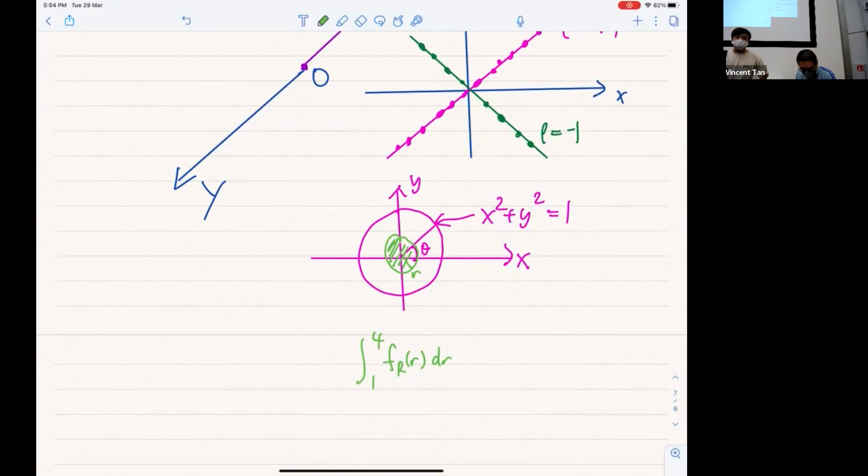It's also fine. Okay, I get it. So the probability of R being greater than 1 is 1 minus the probability that R is less than or equal to 1.